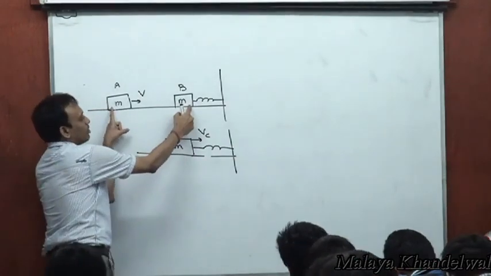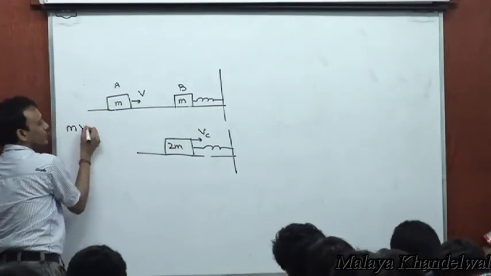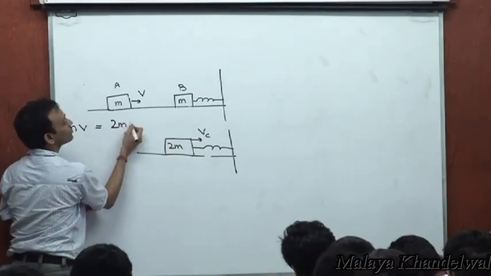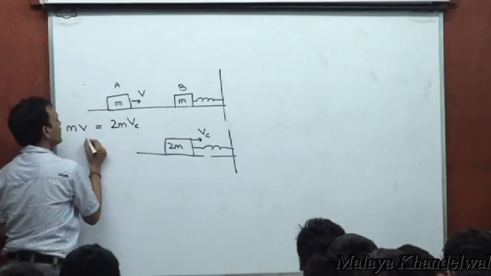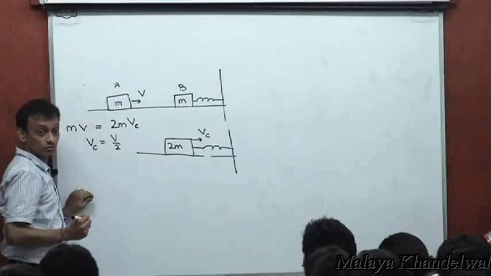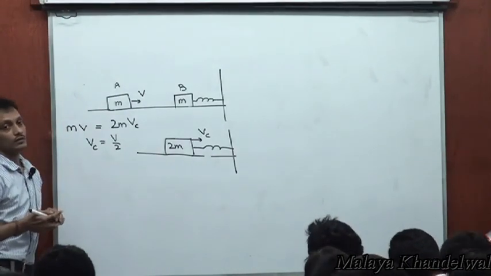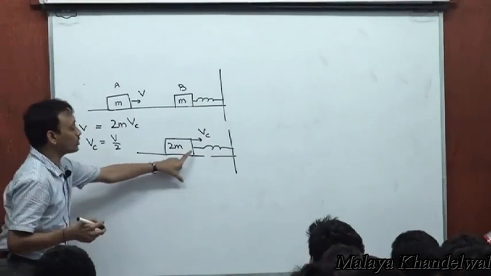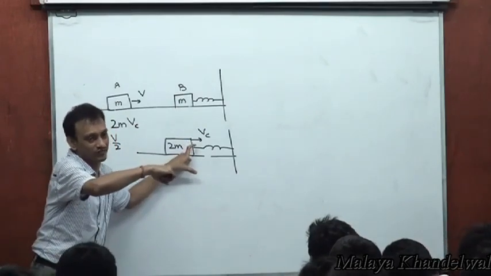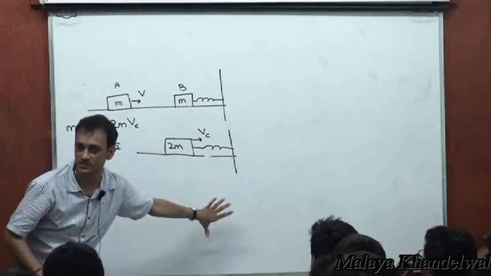The total momentum before collision is m into v, and that must be equal to the total momentum just after collision, which is 2m into vc. Vc then becomes equal to v by 2. Now realize that at this point the spring was in its relaxed state, so it was not exerting any external force, and therefore preserving linear momentum was a viable proposition here.